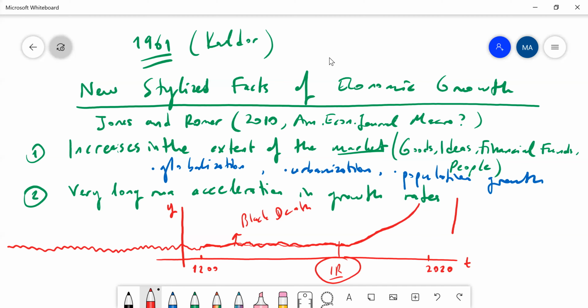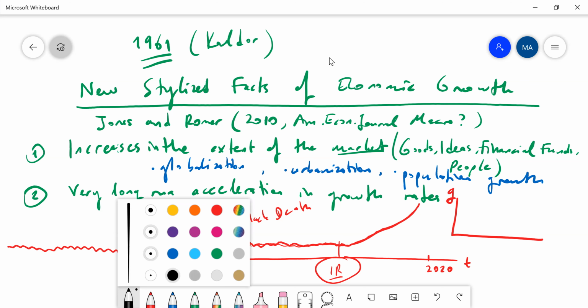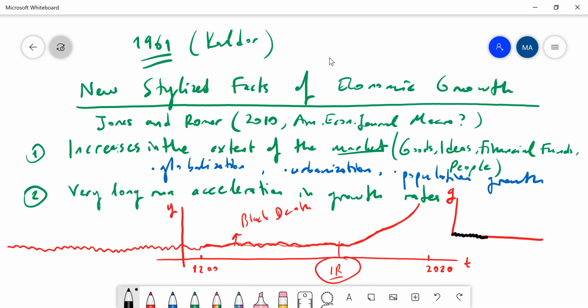So if you draw the growth rate itself, for a particular economy, that growth rate was nearly zero, right? And then it accelerated and converged, and in some economies it actually slowed down. Okay. For instance, in UK, in US, in Japan, in these high-income economies, there is this growth slowdown as well. Okay. So that's the second fact that Jones and Romer emphasize.